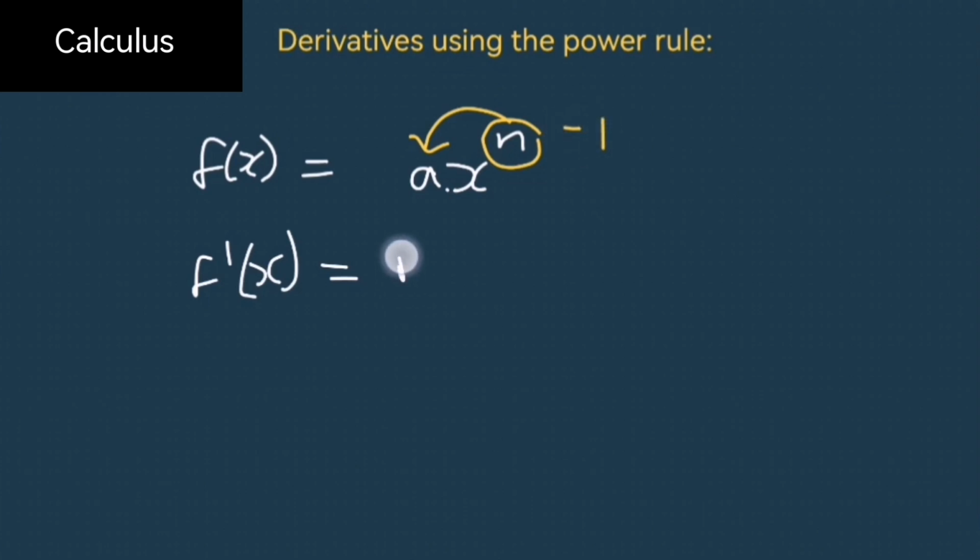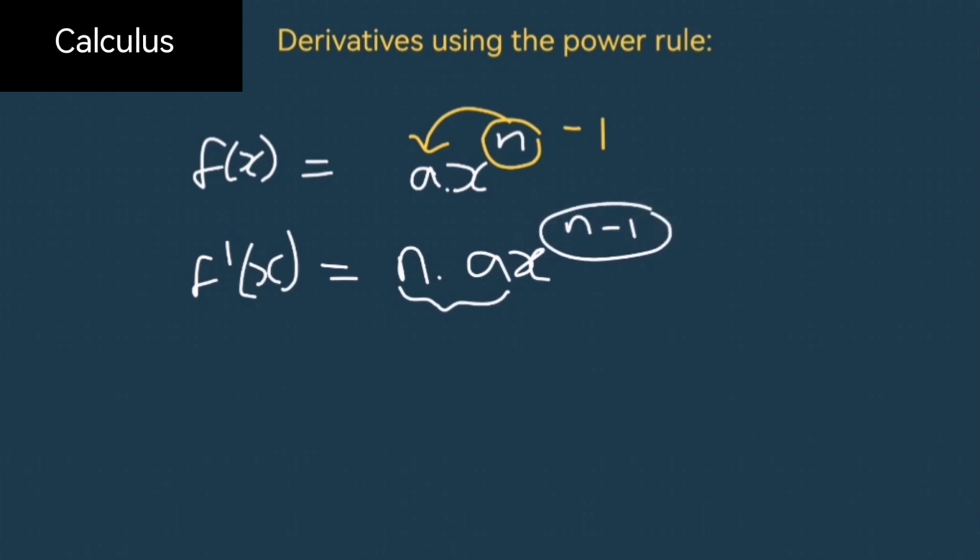So the derivative will look like this: n times ax to the power of n minus 1, where n and a are being multiplied together, the exponent and the coefficient, and also the exponent is decreased by 1. Alright, let's have a look at this in practice.